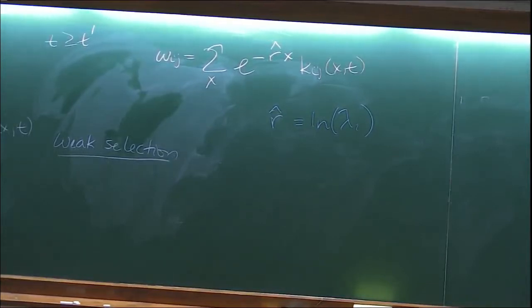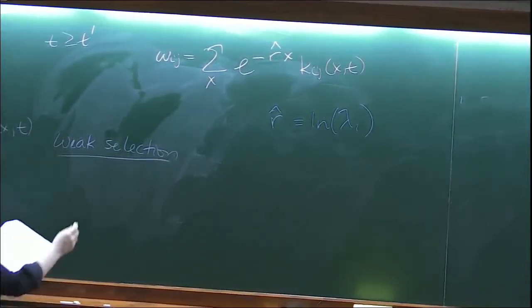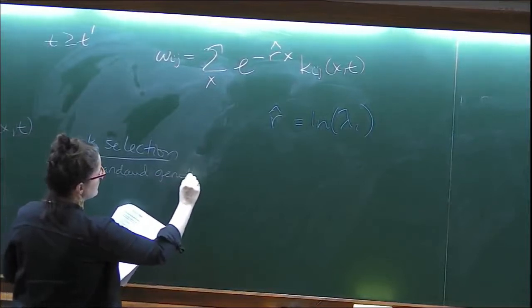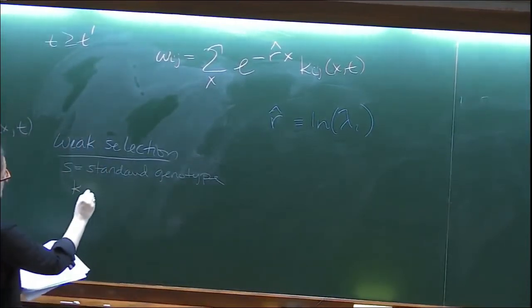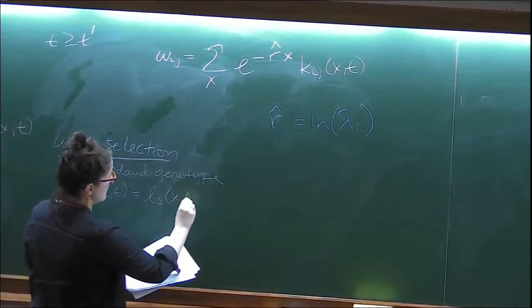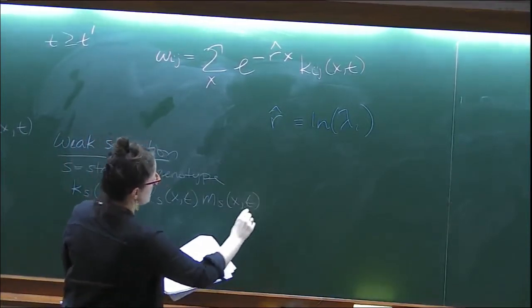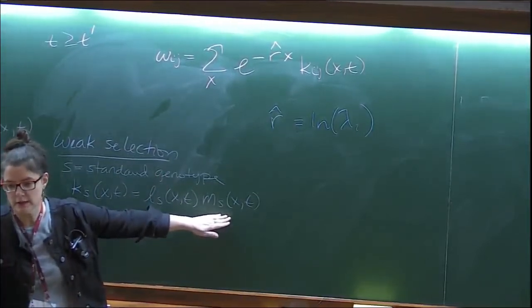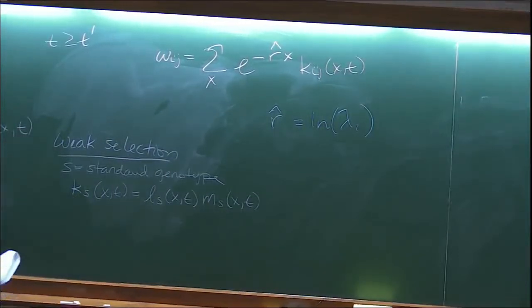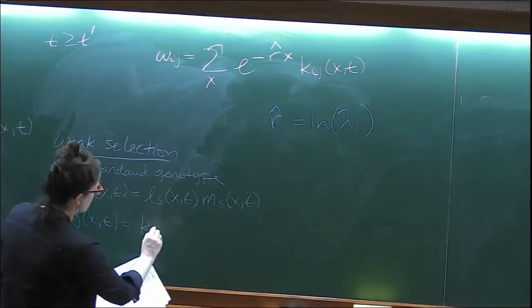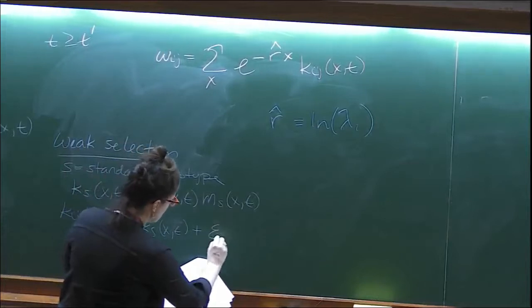So you can pick any genotype as an arbitrary standard and then say, for that standard genotype, the reproductive function, K, is again the product of the probability of surviving to age X and then the fertility or the fecundity of age X. And if that's true, under weak selection, then what we're going to say is the reproductive function for any other genotype is just the reproductive function for whatever one we've picked as our standard, plus some small value epsilon.